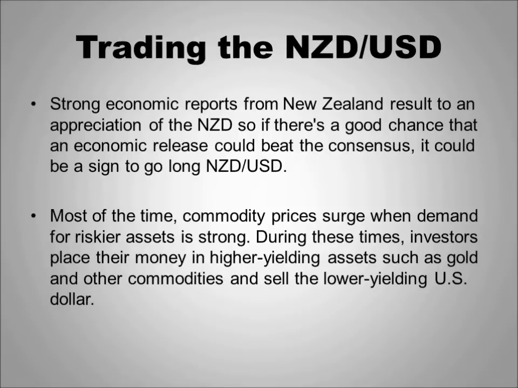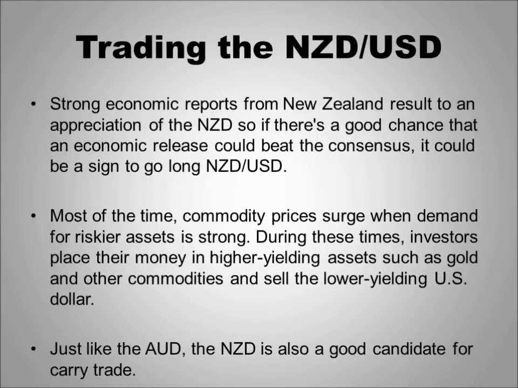Also, most of the time, commodity prices surge when demand for riskier assets is strong. So during these times, investors place their money in higher yielding assets such as gold and other commodities and sell the lower yielding US dollar.